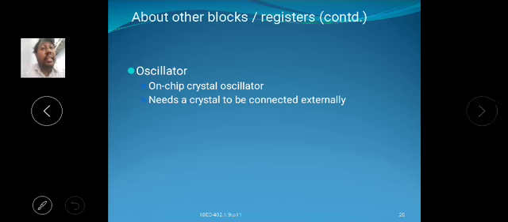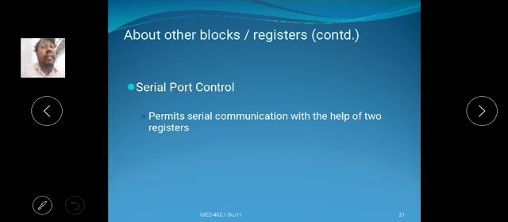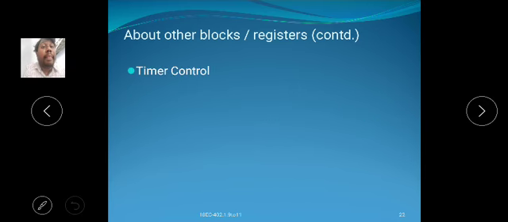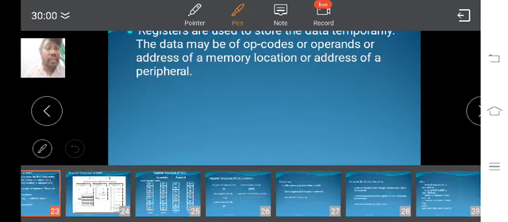After that, the oscillator, interrupt control, serial port control and timer control. These are the operation of the 8051 microcontroller, the functional block diagram and its operation. That is the first one.